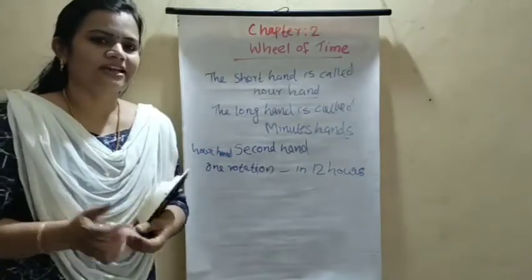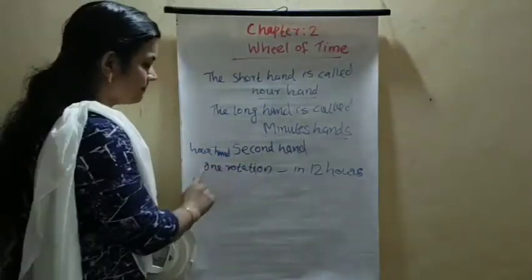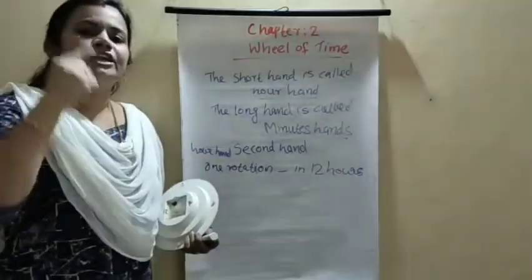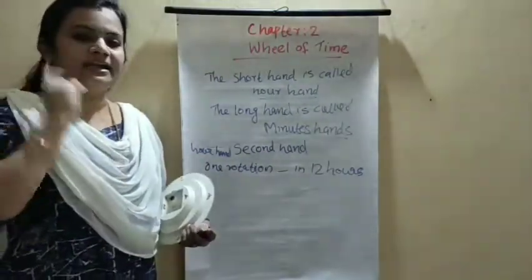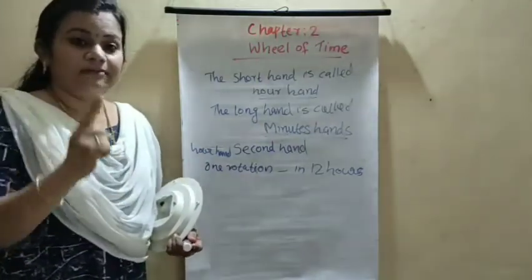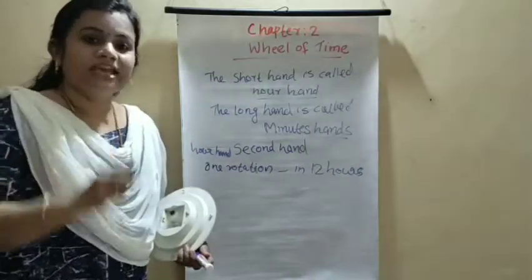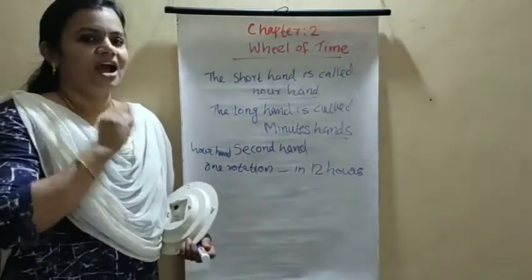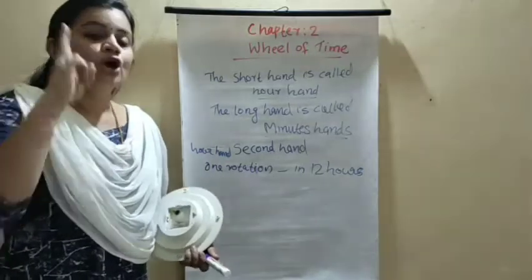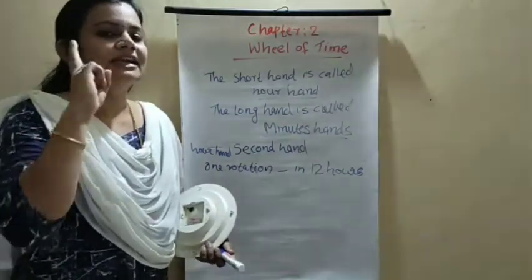You just calculate. The hour hand completes one rotation in 12 hours. Then how many rotations does the hour hand complete in 1 day? Do you remember? In 1 day the hour hand completes twice. The hour hand completes 2 rotations in a day.